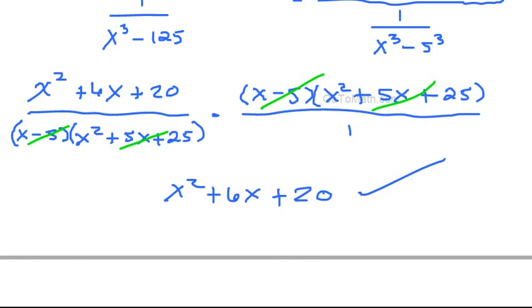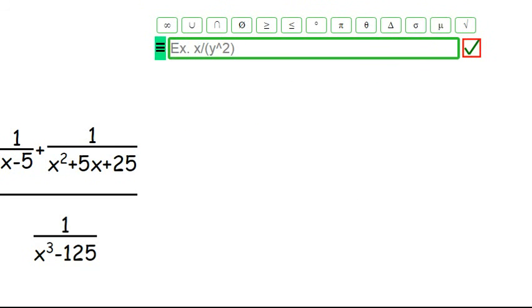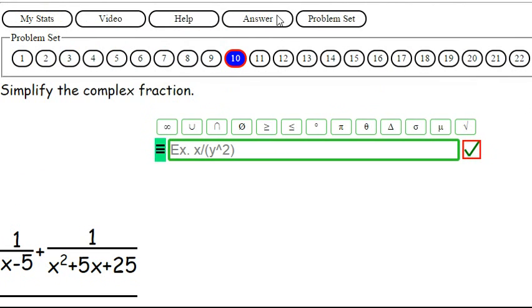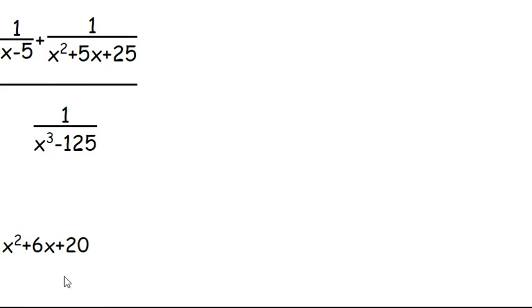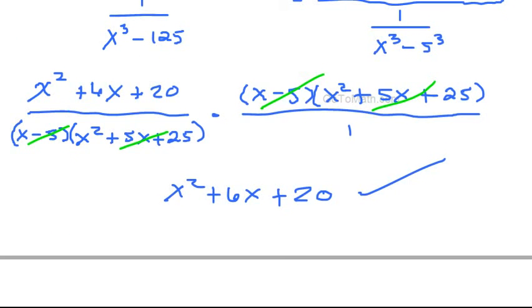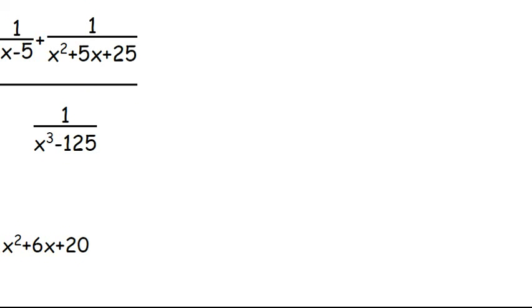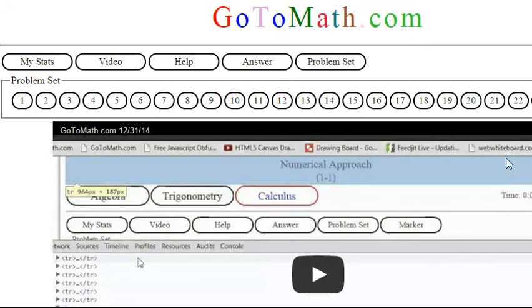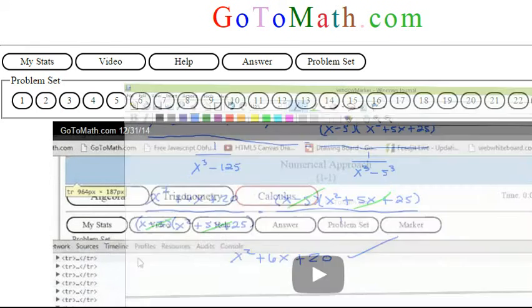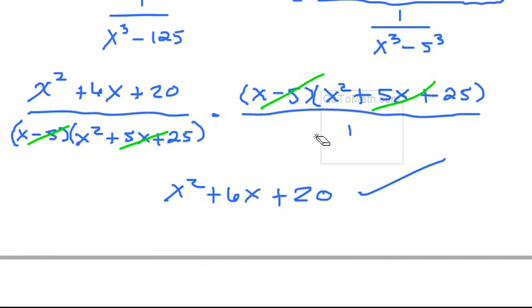Wow. Don't act surprised. X squared plus 6x plus 20. Yeah, that's it. Okay, so we're over here, gotomath.com, getting it worked out, and I'll see you in the next problem.